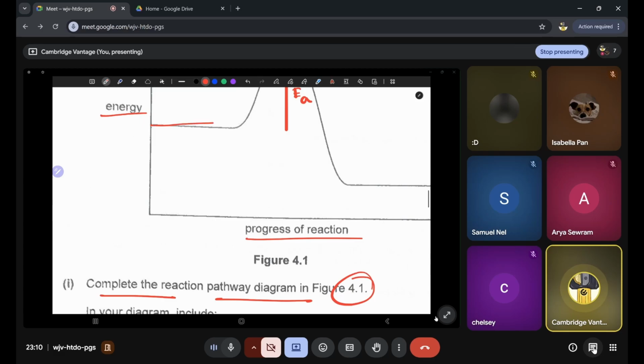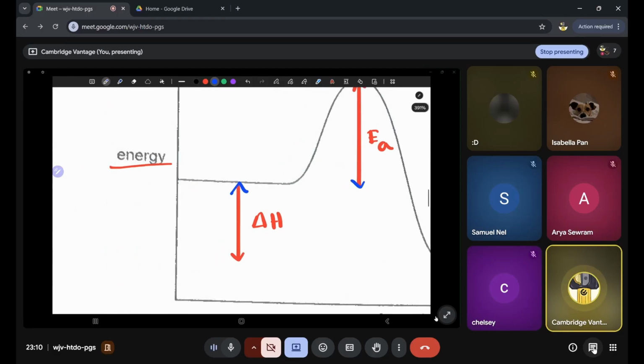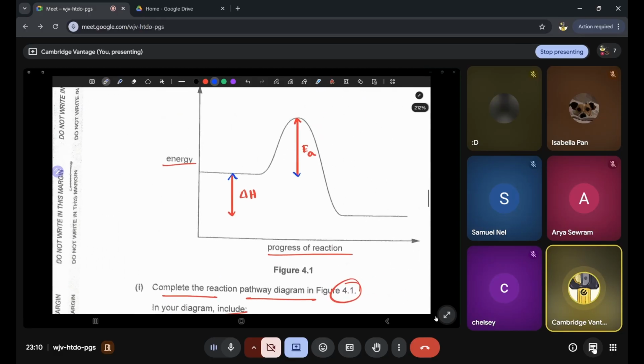And then the enthalpy change. So that is from the reactants to the products. The reactants, and let's extend the products line. Downwards arrow, and then you write delta H. The most commonly done mistake is this one. Students give double-sided arrows. It is not a double-sided arrow. The arrow is very important because it also gives you an idea of the sign of the value, whether it's positive or negative.